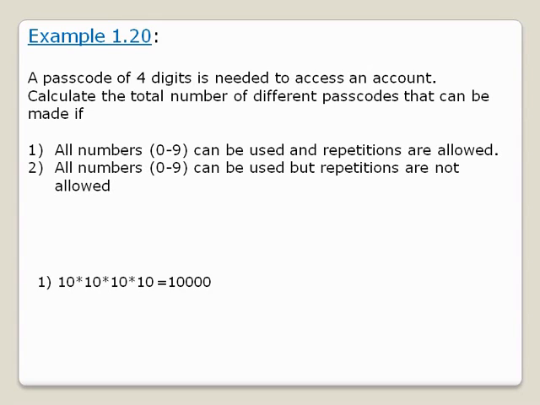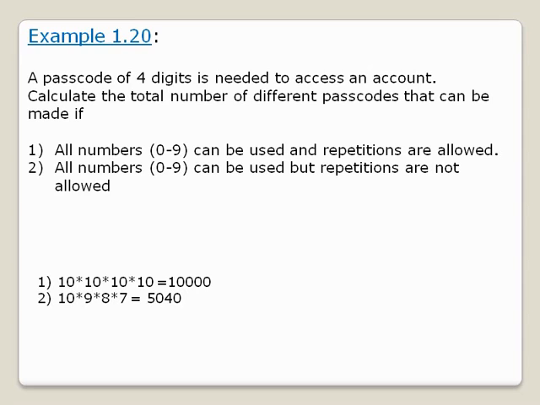Second one. If all numbers 0 to 9 can be used but repetitions are not allowed. In that case, we have 10 digits to be selected for the first position. Since we cannot repeat, whatever digit you chose for the first position cannot be used again. Hence, we have only 9 remaining digits for the second place.